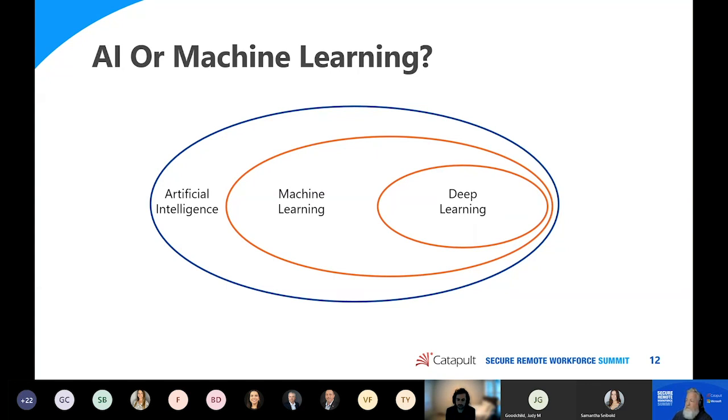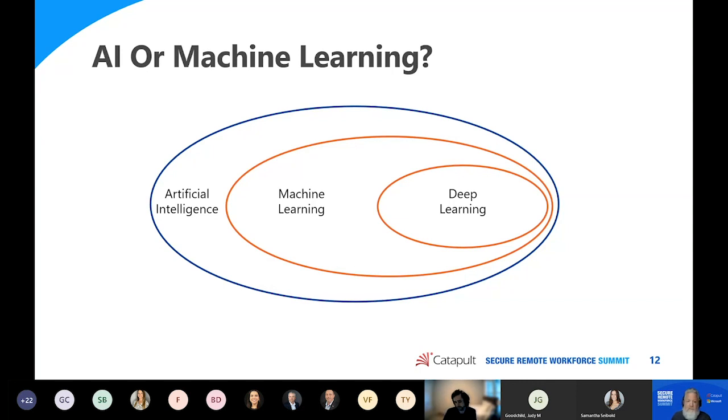So artificial intelligence is, like we defined earlier, that general idea of having a machine doing something or learning something in a way that a human might, being able to give it inputs and have it figure out outputs. Machine learning is the most common methodology in order to do artificial intelligence. So if you're doing machine learning, you're probably also doing artificial intelligence.